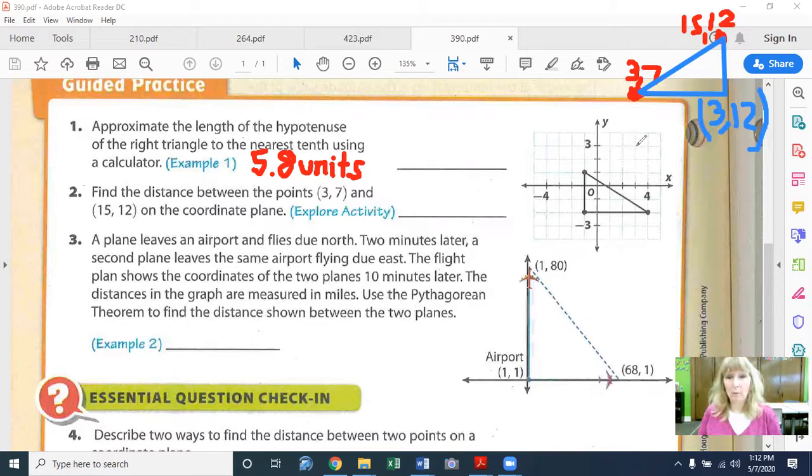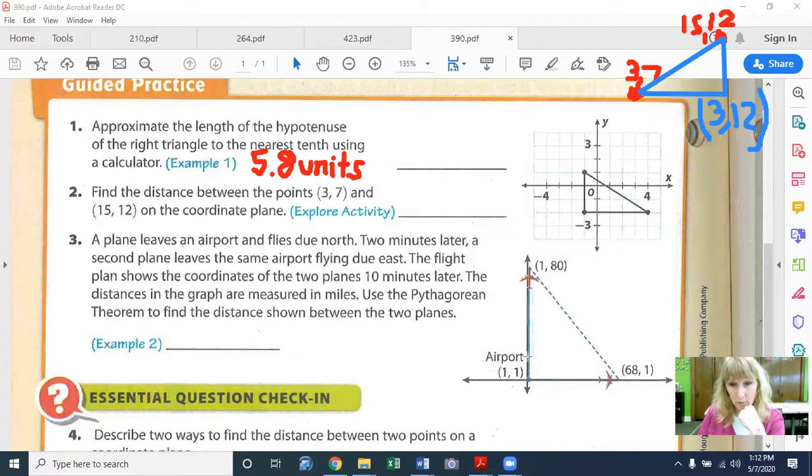Now we can find the distance from here to there, right? We can find the distance from here to here, and then we can do a squared plus b squared equals c squared, right? So I think what we're going to do is both, because I want to show you the distance formula and the Pythagorean theorem again. I think it's a good idea to work through it.